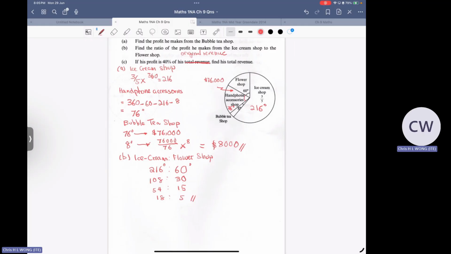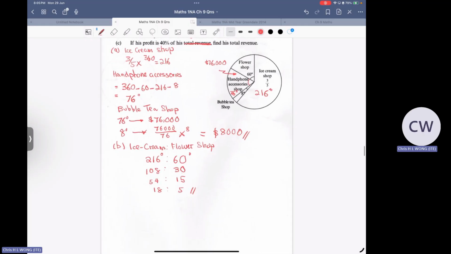Let's start with C first. So how do you want to begin? Okay. I have 76 degree. Now all I need to do right now, I want to find out, now remember I told you the pie chart, right? The pie chart is the total profit, isn't it? I want to know what is the 40%, what is the profit?